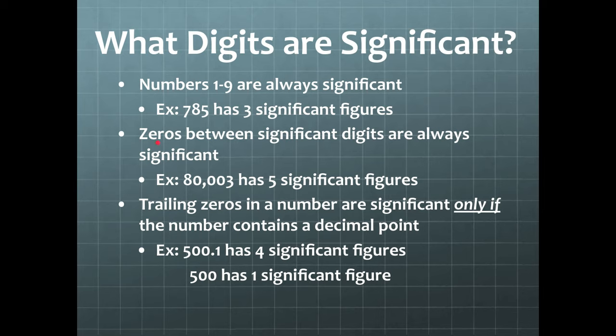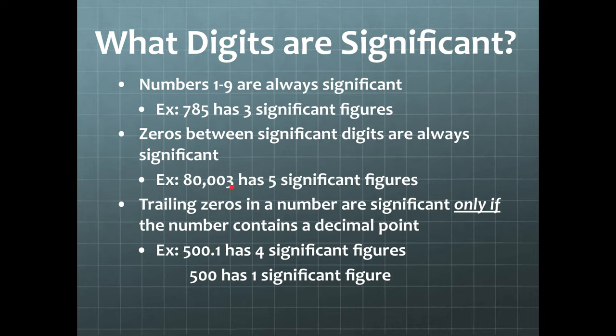The more significant figures, the more precise or accurate the measurement probably is. Now, looking at this rule, zeros between significant digits are always significant. If you see a 0 in between a significant digit like 8, we know that 8 is significant because it's a whole number between 1 and 9. We've got a 3 here, and 3 is significant for the same reason.